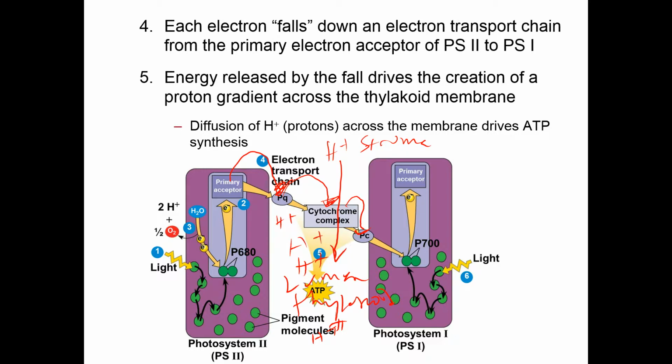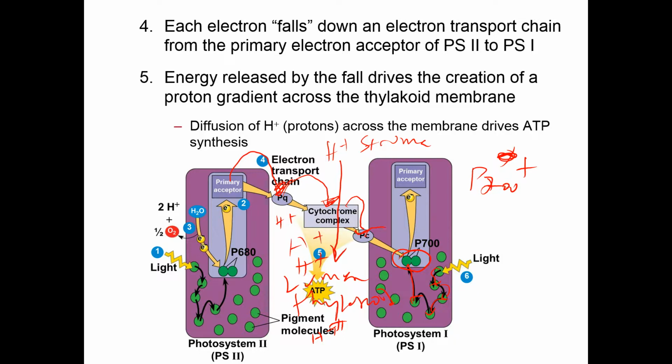And photosystem 1. Photosystem 1 works completely independent of photosystem 2. So photosystem 1 is absorbing light energy. Those electrons, when excited, get transferred to other pigment molecules, which are eventually transferred to your reaction center, P700. P700 becomes excited. Now it's energized, so now you've lost electrons.